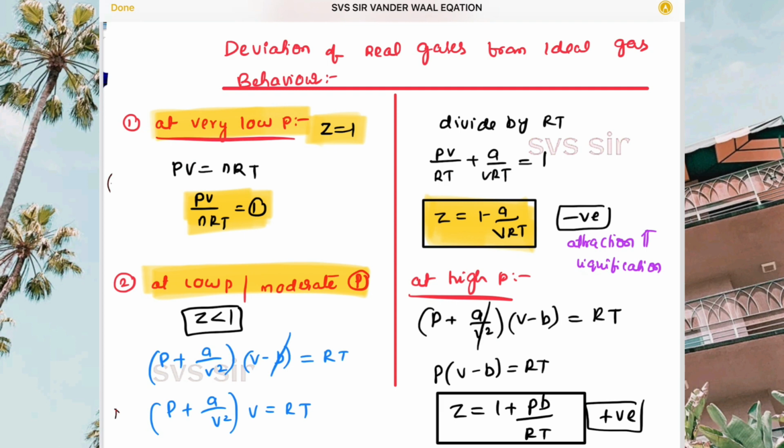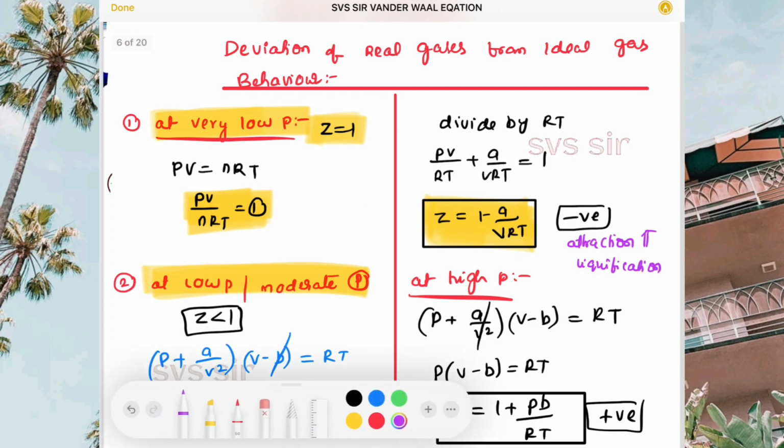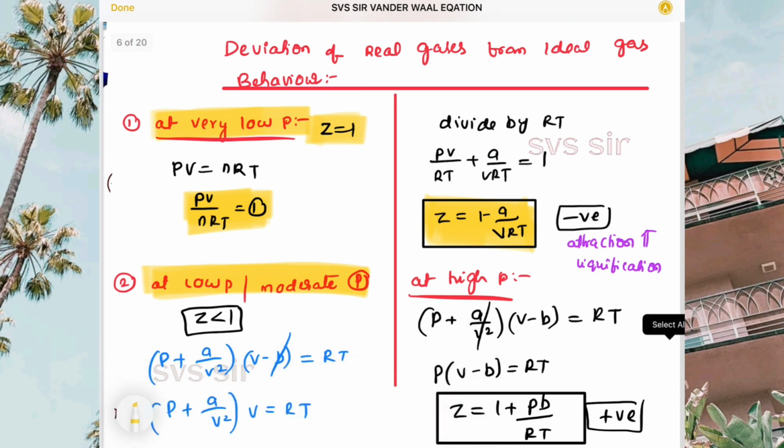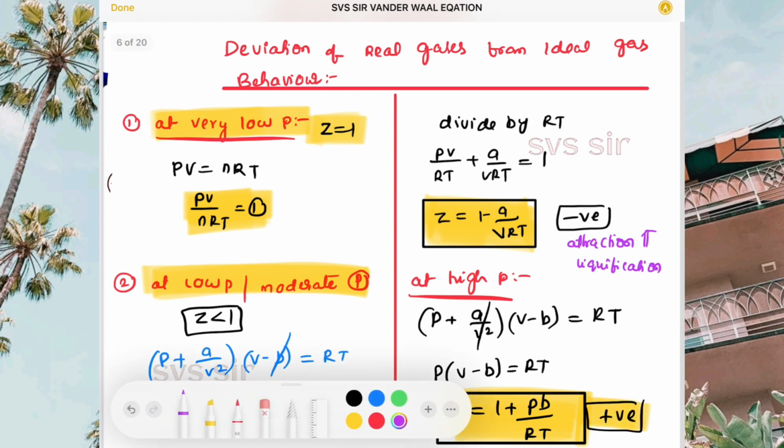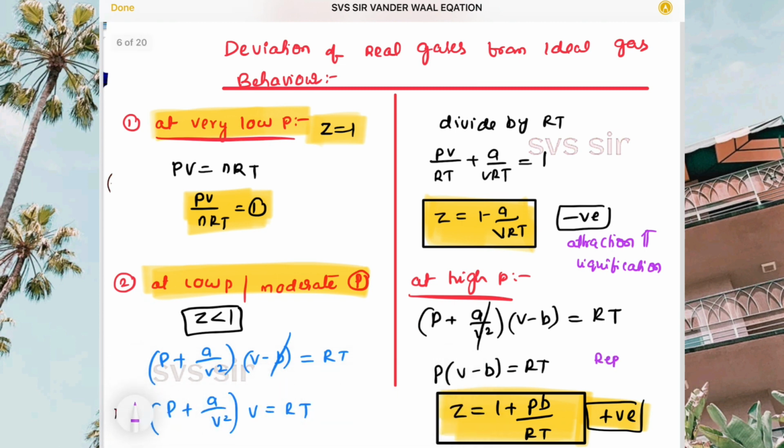At high pressure you need to remember, the derivation part is not required, but I explained it. You can see the notes. At high pressure, Z equals 1 plus Pb by RT, positive deviation. Positive deviation means repulsion forces will dominate. Repulsions increasing means compression is difficult. At very low pressure, Z equals 1, ideal behavior.